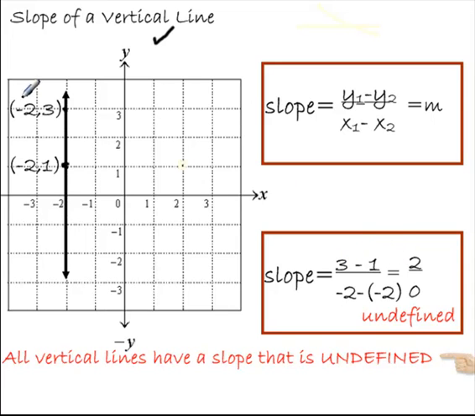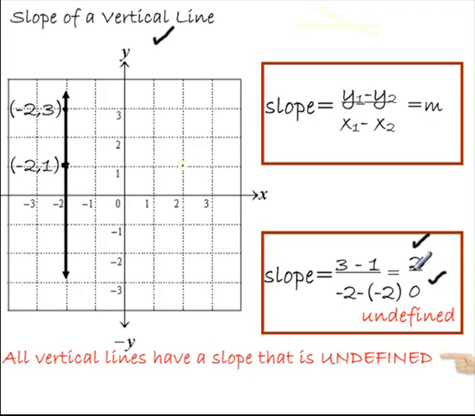So this point would be the first point, -2, 3. And on the bottom, I get x1 minus x2, which is -2 subtract -2. So 3 minus 1 is 2. -2 subtract -2 is really -2 plus 2, which is really 0.